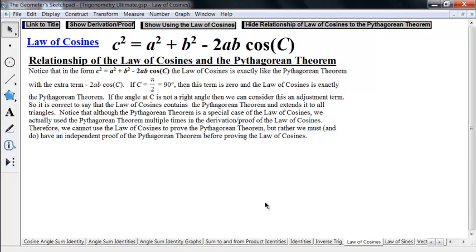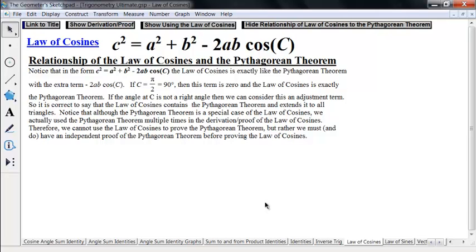So you might be tempted to say, well, the Pythagorean theorem is a special case of this, and in a way it is, but it's more properly said that this is an extension of the Pythagorean theorem, because we had to prove the Pythagorean theorem first, because it was a major step in the proof of the law of cosines.